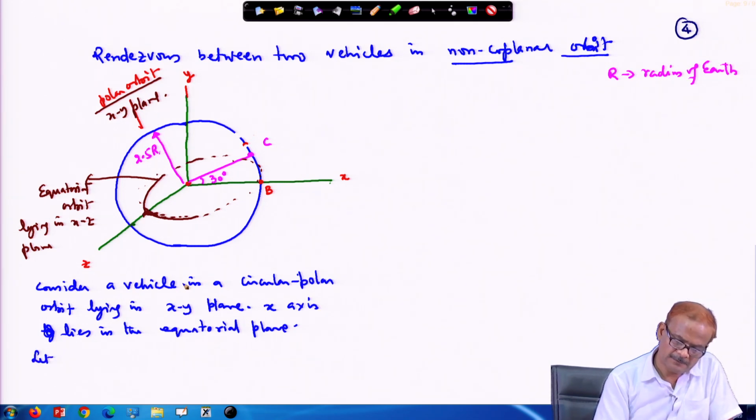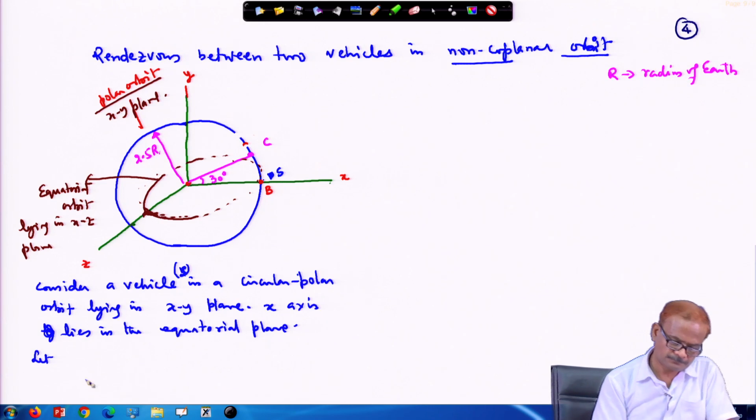We name this vehicle V, but you will get confused, so we write this as satellite S.